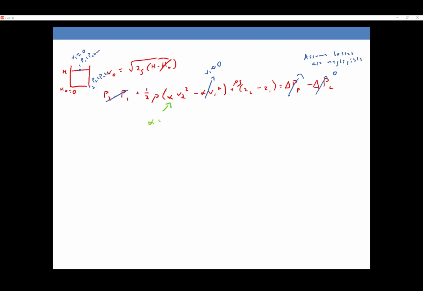So we probably just assume that that one is 1 and that it's flowing turbulently. Yep, that is exactly right. So alpha is about 1 for turbulent flow. So we are also assuming that flow is turbulent going out that hole.